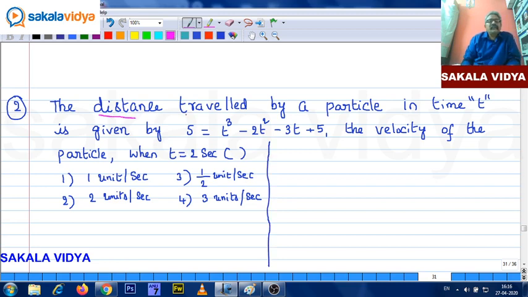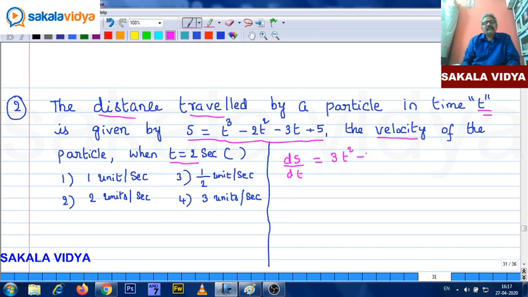The distance travelled by a particle in time t is given by S is equal to t cube minus 2t square minus 3t plus 5. The velocity of the particle at instant t is equal to 2 seconds we need to find out. So, first we need to find ds by dt, differentiating both sides with respect to time. We get 3t square minus, t square differentiation is 2t, so 2 into 2t, 4t, minus 3, and plus 5 differentiation is 0.